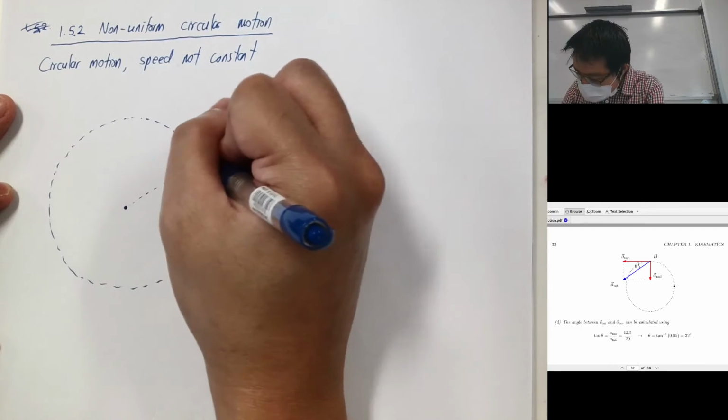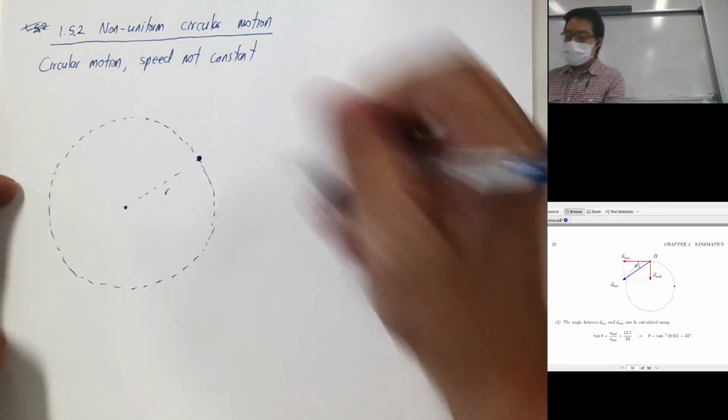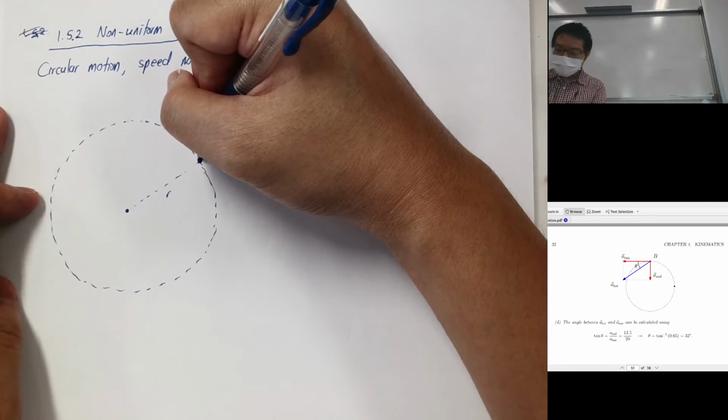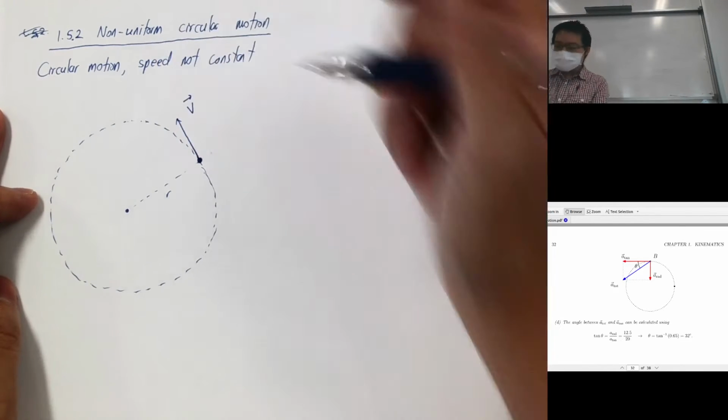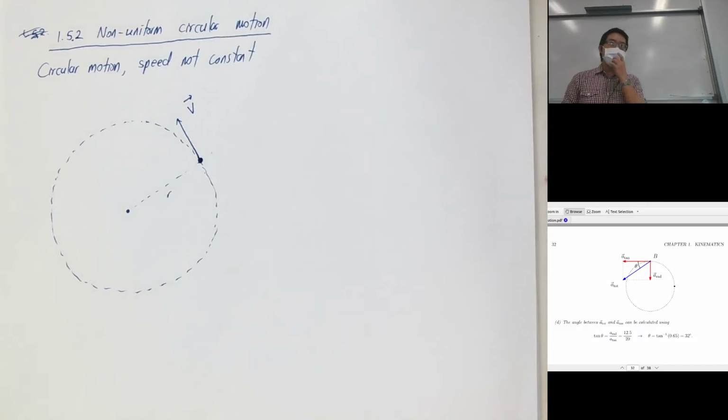The radius of the circle is r, and the velocity vector is this, but this time the magnitude may not be the same all the time. It may change.